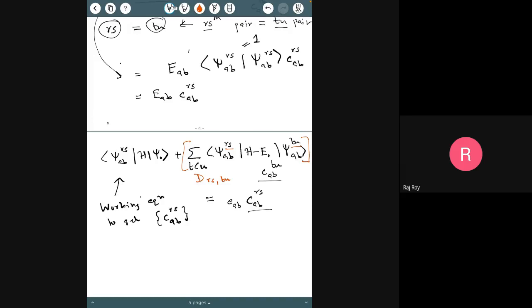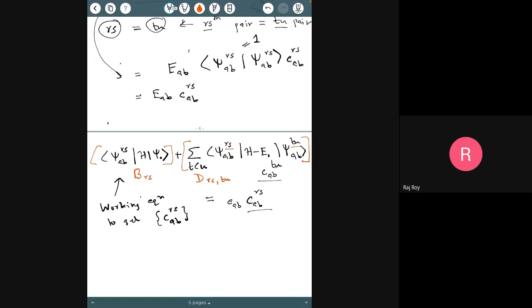And I have the RS-TU element of a matrix D then given by this expression. Then I have, let's call this another matrix, let's say B, and this is the RS element.